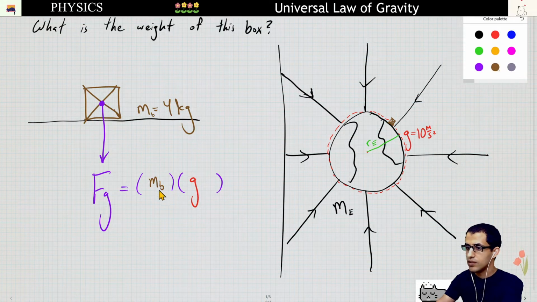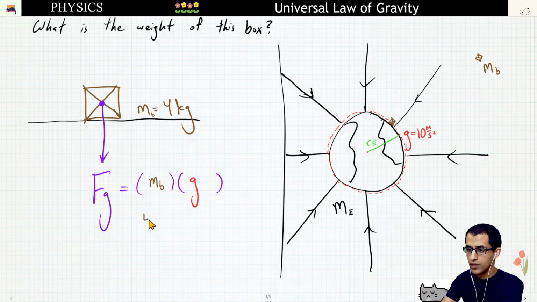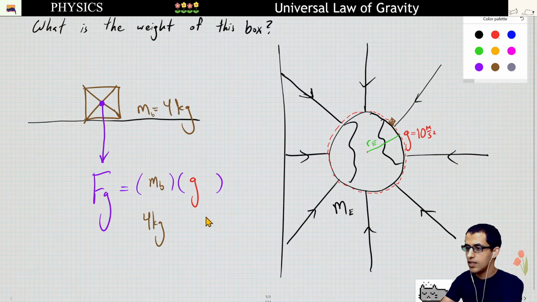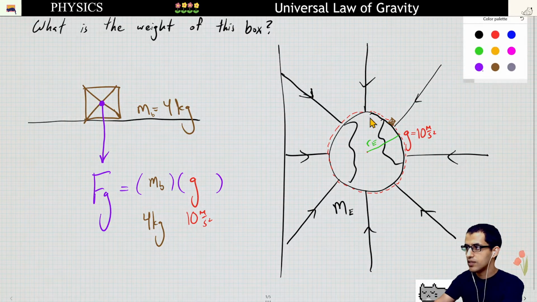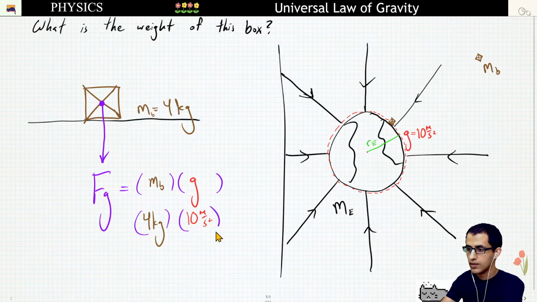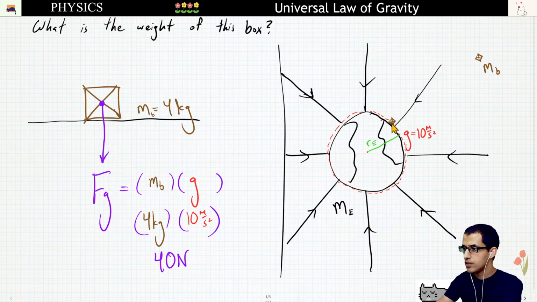And those values are 4 kilograms multiplied by 10 meters per second squared. And that will give us a value of 40 newtons. So the force of attraction between the Earth and this box is going to be 40 newtons.